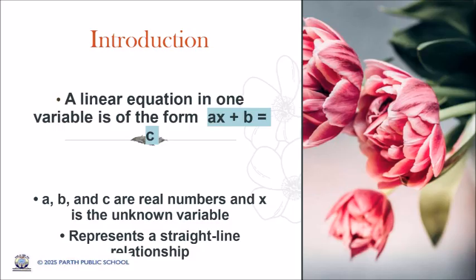That means they can be any number, positive, negative, whole or decimal. Now, why do we call it linear? Because if we were to draw this on a graph, it would form a straight line. So that's why it's called a linear equation, which represents a straight line relationship.